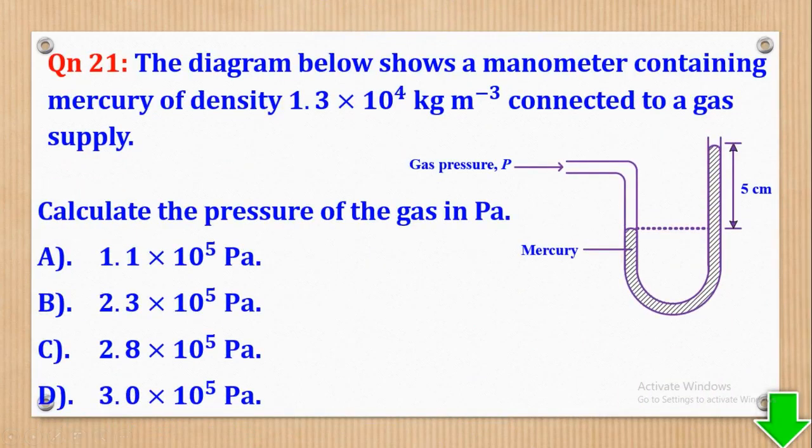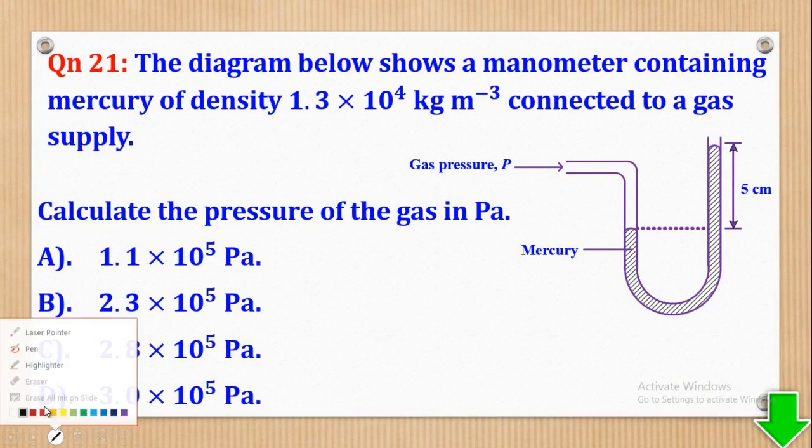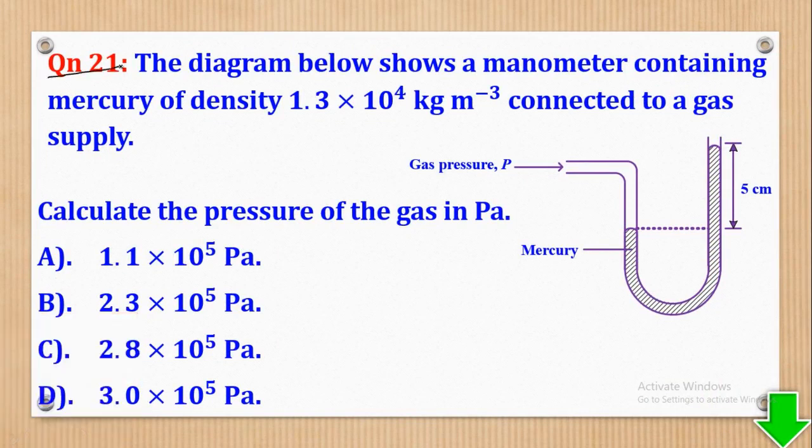Now we shall go to 21. 21 says, the diagram below shows a manometer containing mercury of density 1.3 exponent 4 kilograms per meter cubed, connected to a gas supply. So this is the diagram. Calculate the pressure of the gas in pascals.